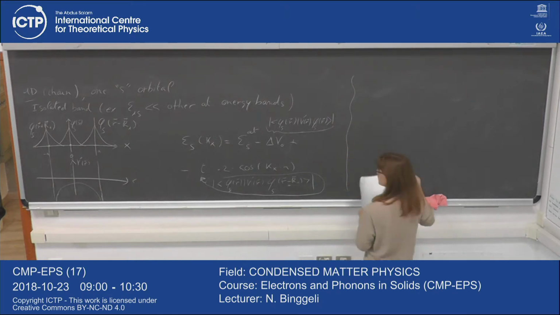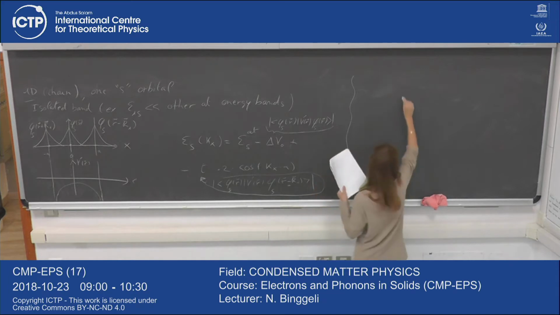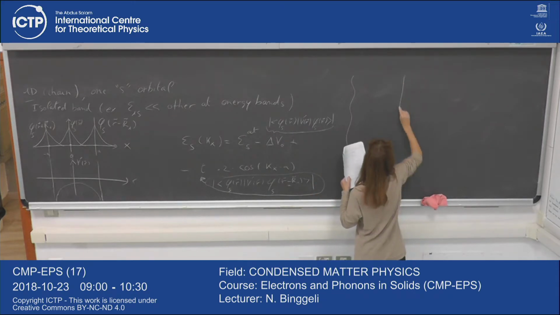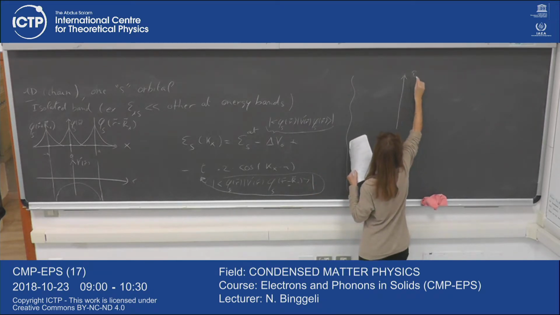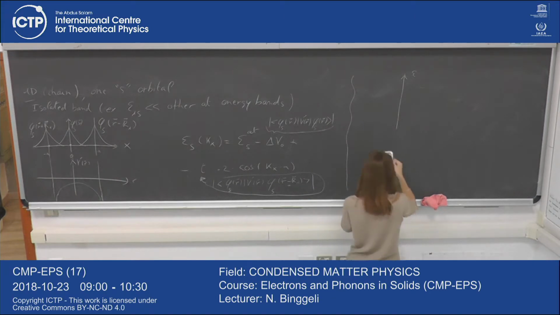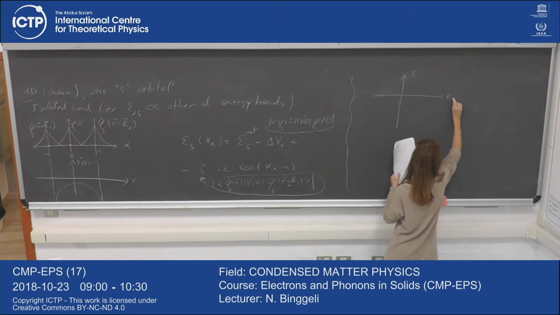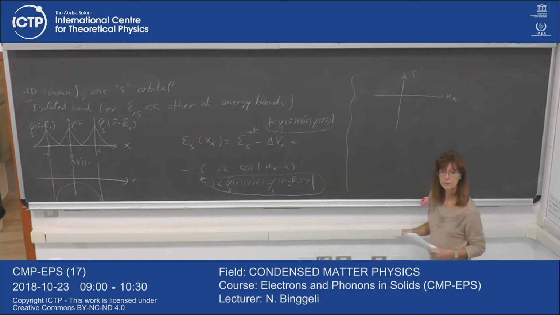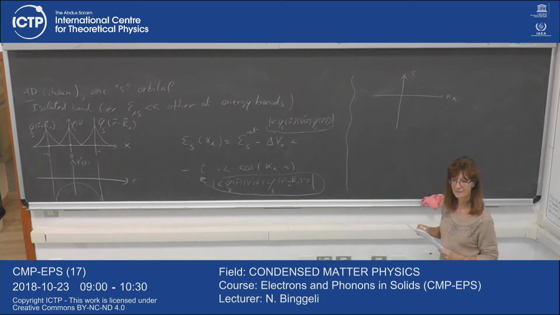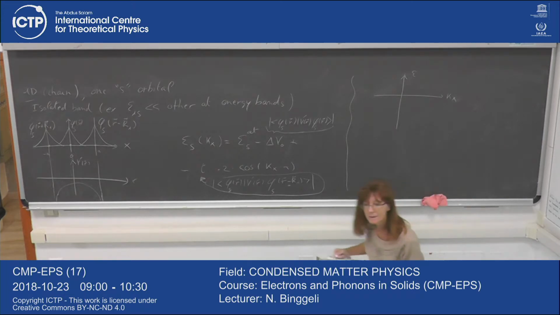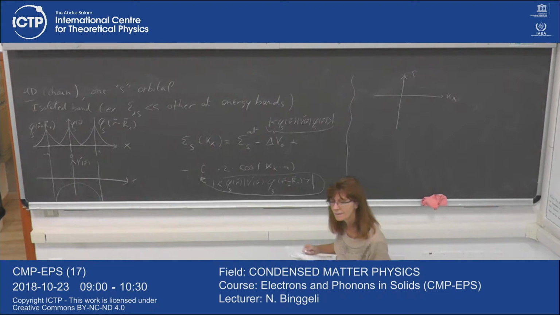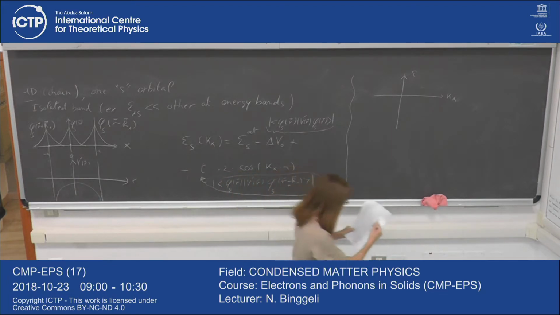So I want this energy, epsilon, as a function of kx. Any question? Something not clear? No? Something wrong? Excuse me? It's okay. Okay.